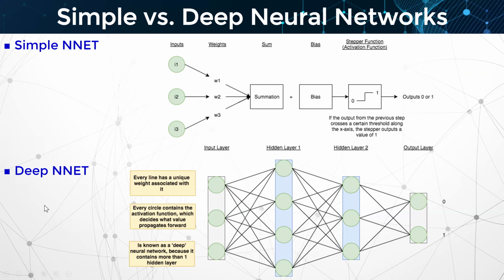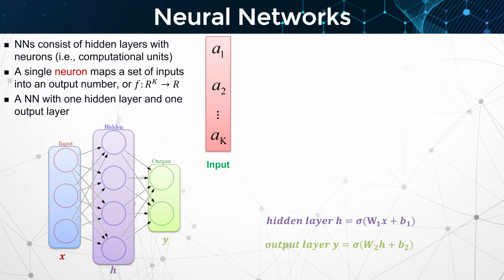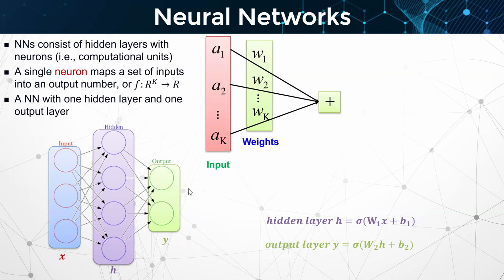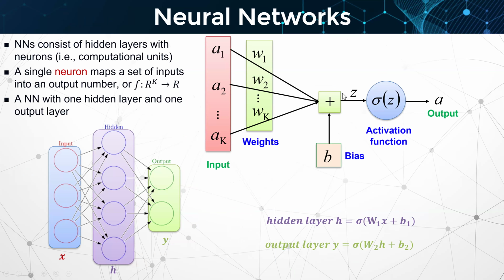But in a deep neural network, we have multiple hidden layers, as you can see, to solve or simulate complex and non-linear problems. So we have inputs, weights, and this bias term will be added right here to the summation of weighted inputs, and then we apply the activation function to get the network output.